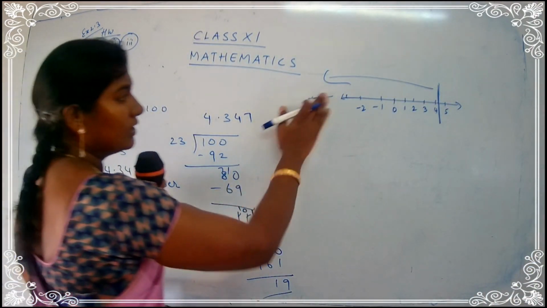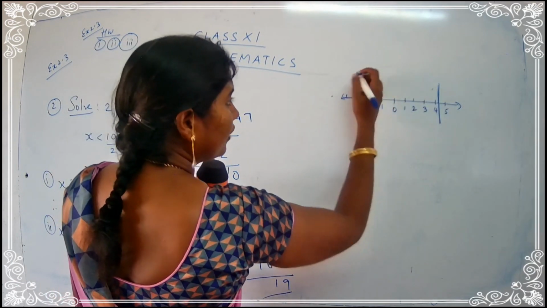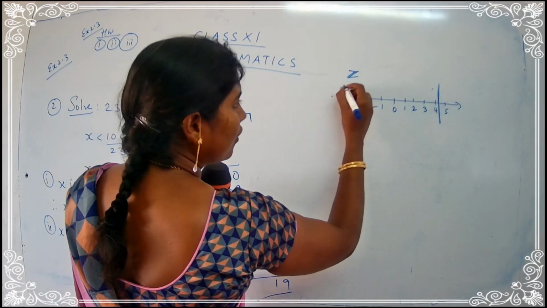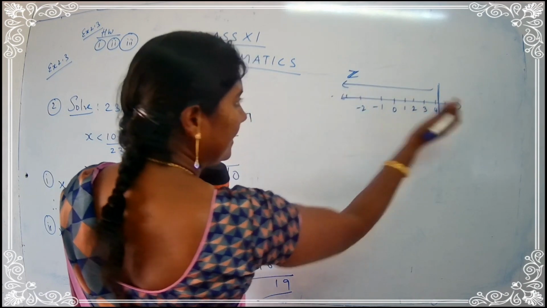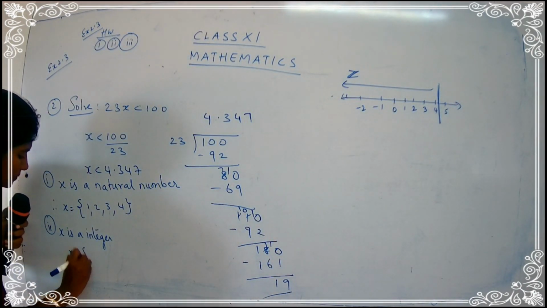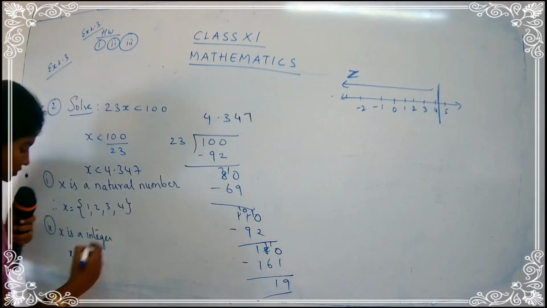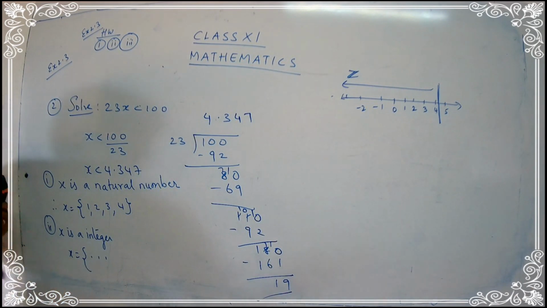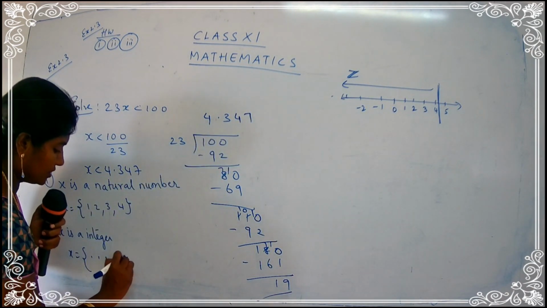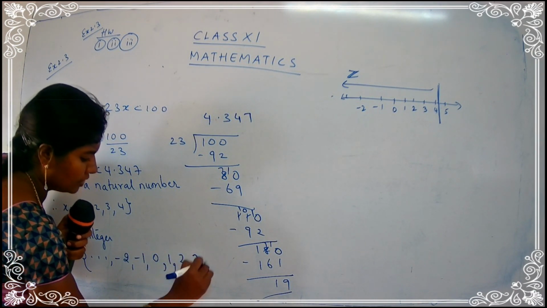You can just draw the number line for your reference, children. So you have to draw a line like this. And for integer, you have to consider all this part. The whole area is going to come. So x is equal to, here we have some more numbers, so dot, dot, dot will come. Put three dots, I told you three dots are enough. Dot, dot, dot, -2, -1, 0, 1, 2, 3, 4.